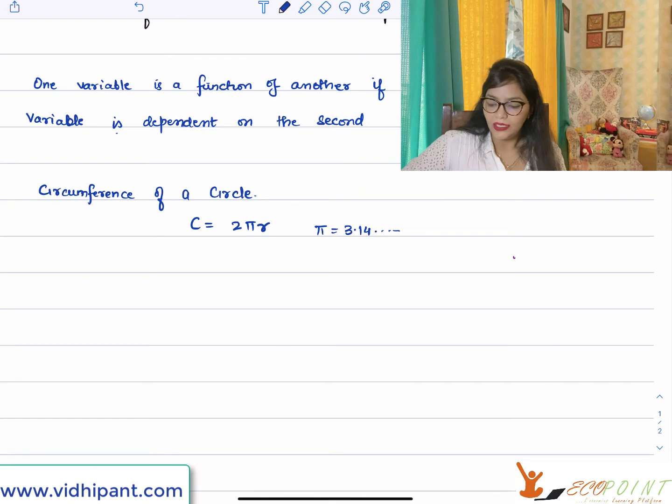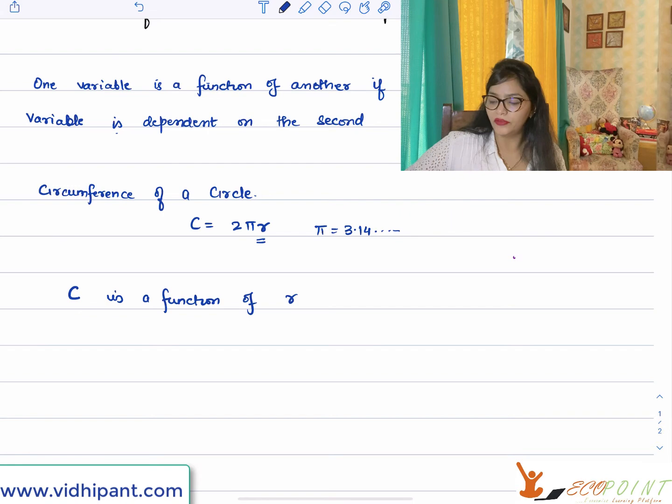Can you see that there is clearly a relation between circumference and radius? R stands for the radius. If you keep on changing the radius, you will get different circumferences, telling you about different circles, right? So we can say that circumference C is a function of radius r.